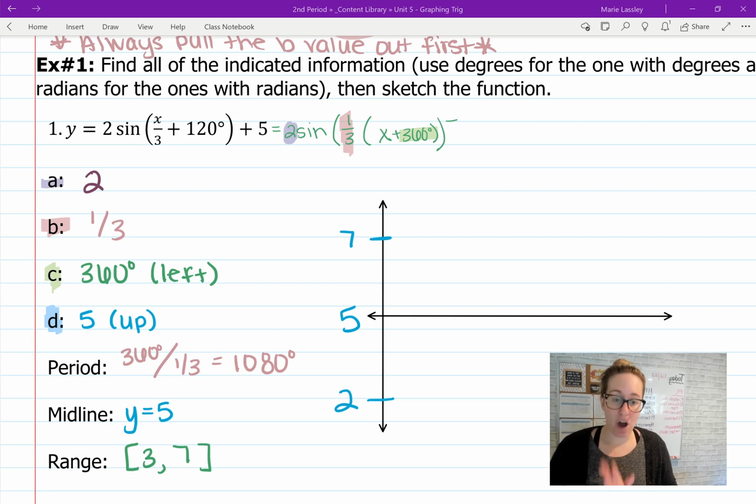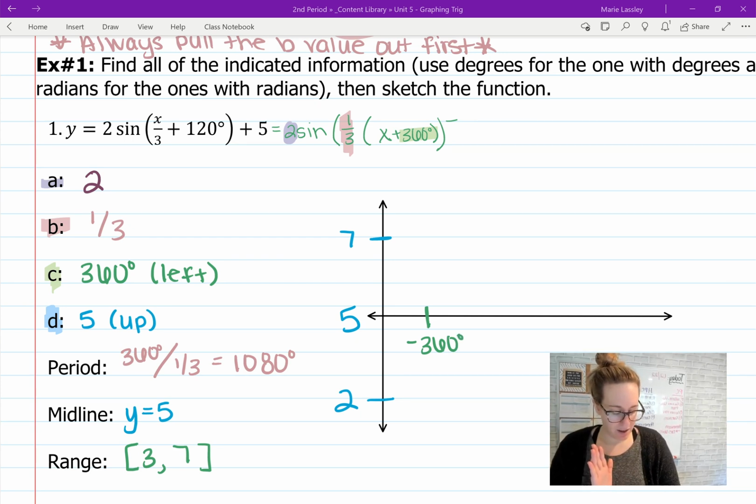I know I have my y-axis all the way on the left-hand side. This would be more appropriate if I did this in the negative direction, but I'm not going to do that. I'm just going to make sure I clearly label this x-axis. So right here, my first point is going to be negative 360 degrees. That's my starting point.